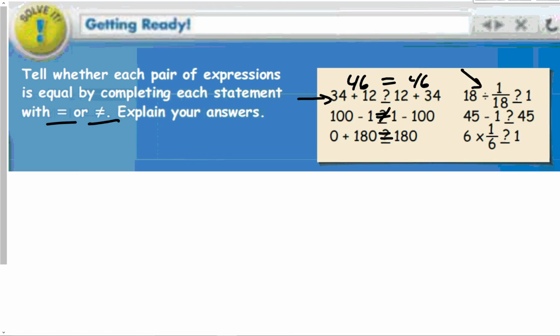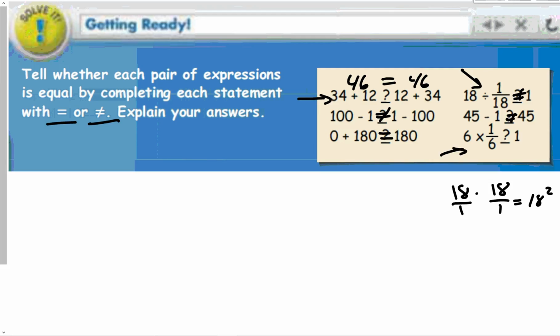This first one at the top is tricky because that is not a multiplication sign, that is a division sign. So if I wanted to divide something by a fraction, I would multiply it by its reciprocal. So we have 18 over 1 times 18 over 1, which is going to be 18 squared, not 1. 45 minus 1 is 44, not 45.